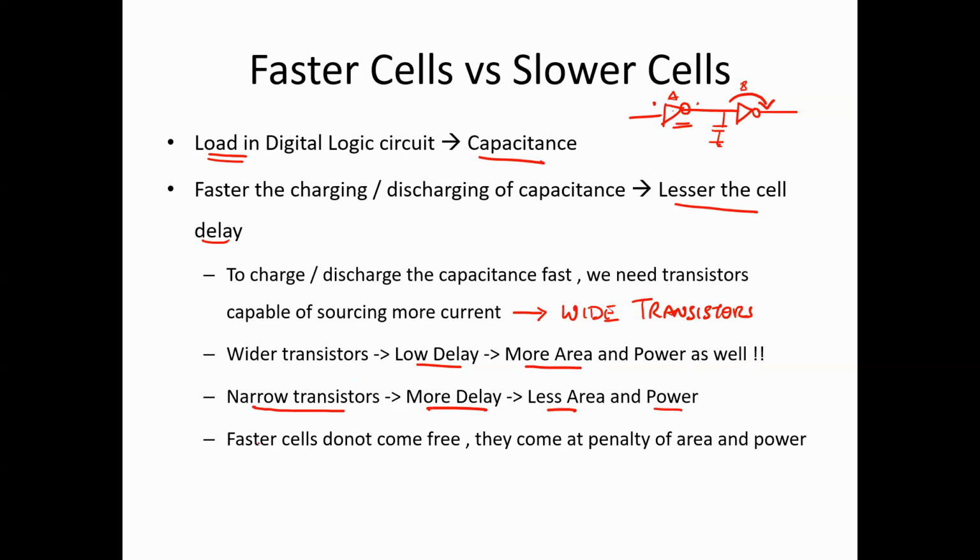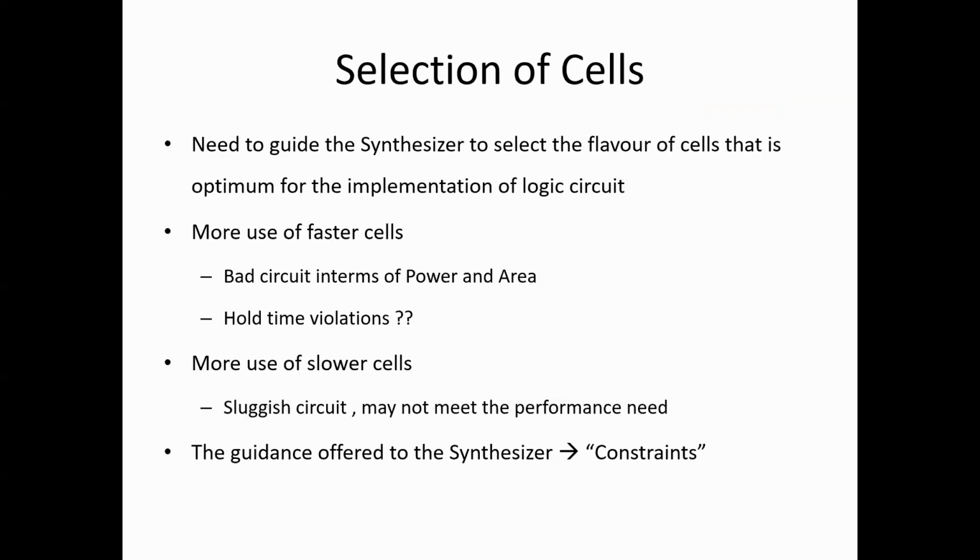This is a very important point we need to keep in mind, because we cannot get attached to the speed and we cannot compromise the area and the power. So let's look at the selection of cells. We need to guide the synthesizer to select the flavor of cells that is optimum for the implementation of the logic circuit.